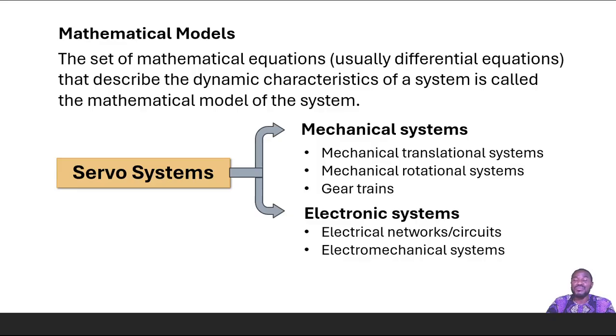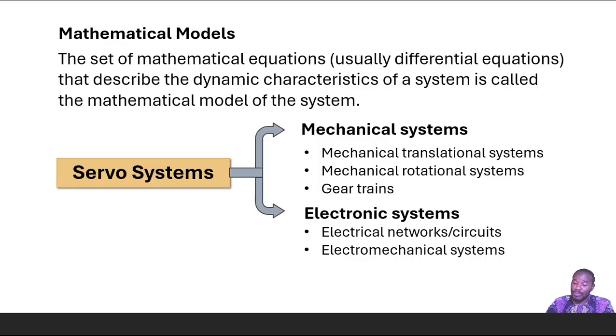So when we want to model servo systems, we want to get a set of equations that will describe the dynamic characteristics of the servo system. Okay, and there are two major parts of the servo system that we could model. The mechanical aspect of it, mechanical systems, and those systems will have to do with motion, right?